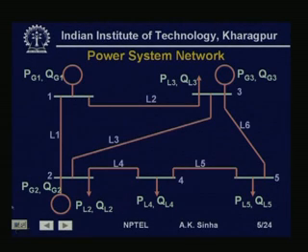If we see in this network, there is no line connecting bus 1 to bus 4 and bus 1 to bus 5. So, Y14 and Y15 are 0, and therefore, we will have no non-zero element for these in the Y bus matrix.